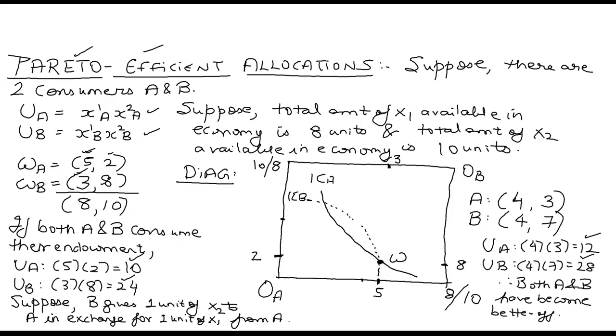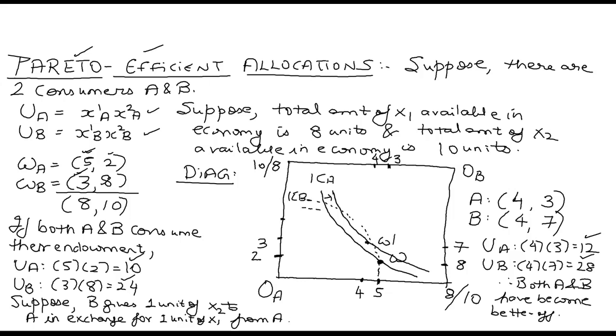Where have they reached? If you look at the diagram, this is 4 and this will be 3. And you can see this point will be 4, and this point from B's origin will be 7. So you can see A has also gone to a higher IC. This point is omega dash. A has also gone to a higher IC from A's origin, and you can look at B also. Look at B's IC from B's origin.